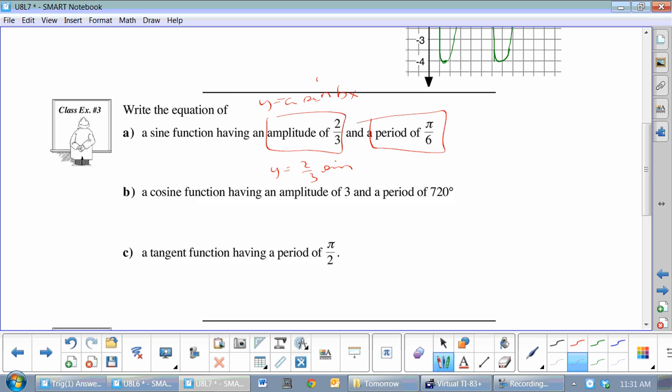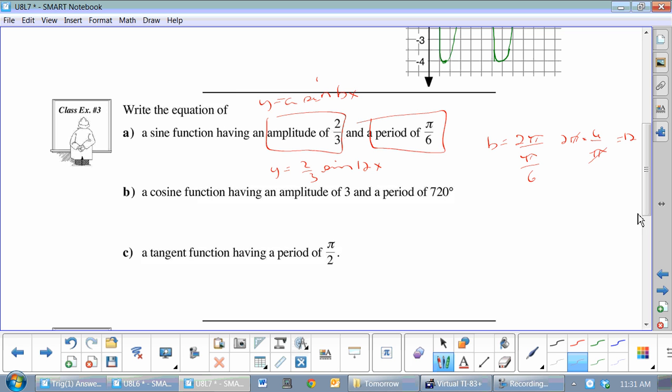Now, b, I have to go find it. That's 2 pi divided by pi over 6. That's what that means, right? And that's the same thing as 2 pi times 6 over pi. Pi's cancel, and you get the answer 12. So b is 12. So 2/3 sine 12x.